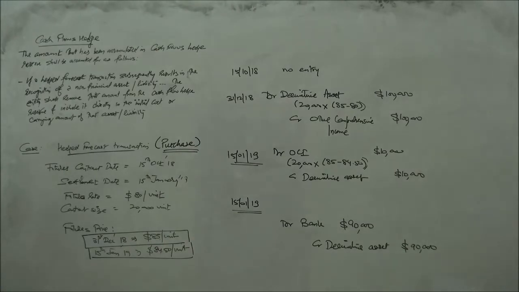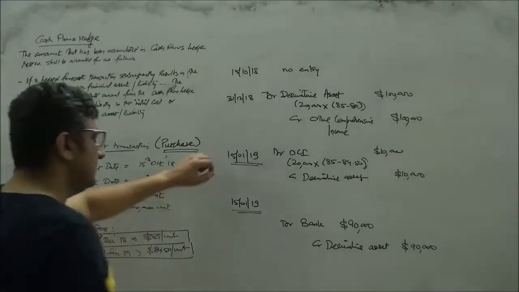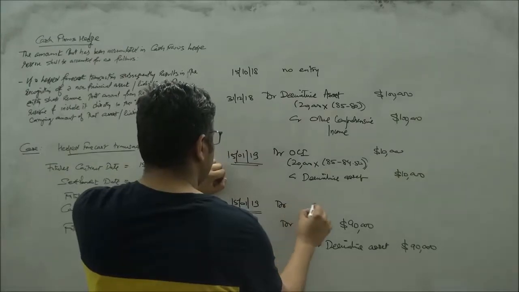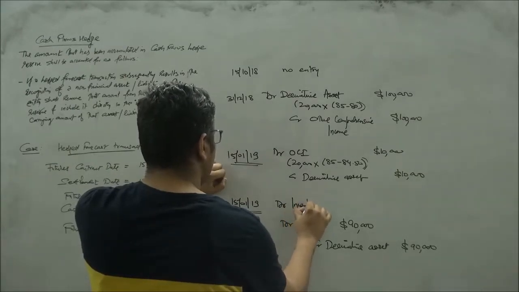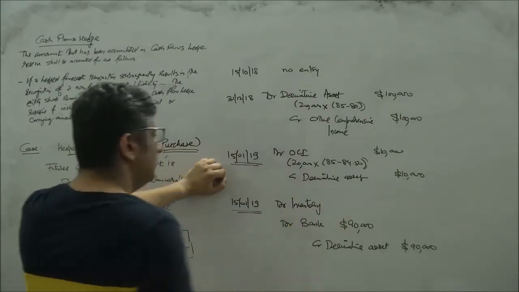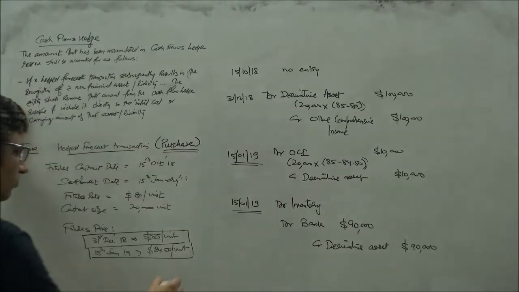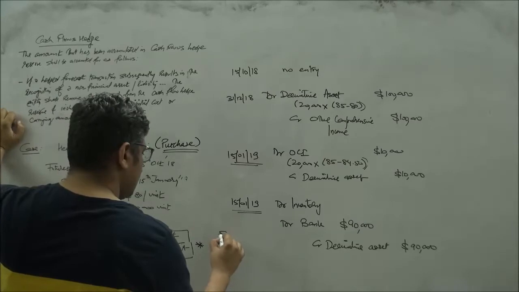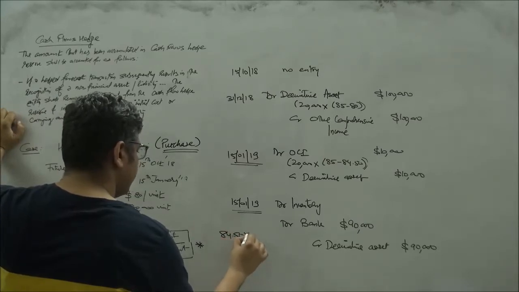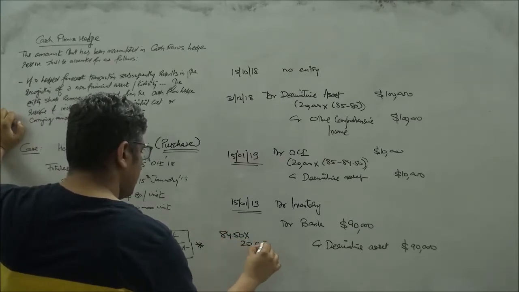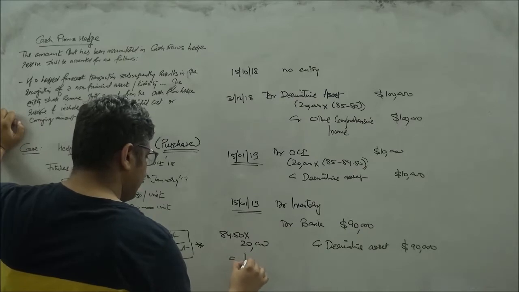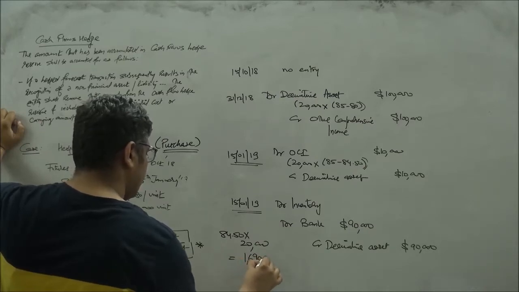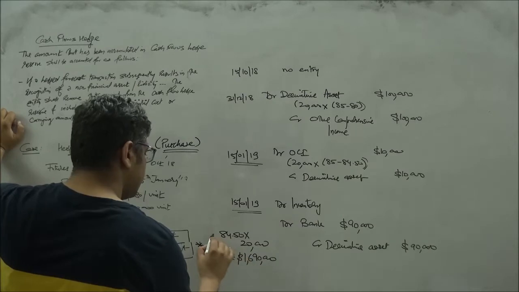But the job doesn't end there, because I'm essentially purchasing inventory, which ideally should be at 84.5 per unit, which is 84.50 into 20,000. That should give me $1.69 million.